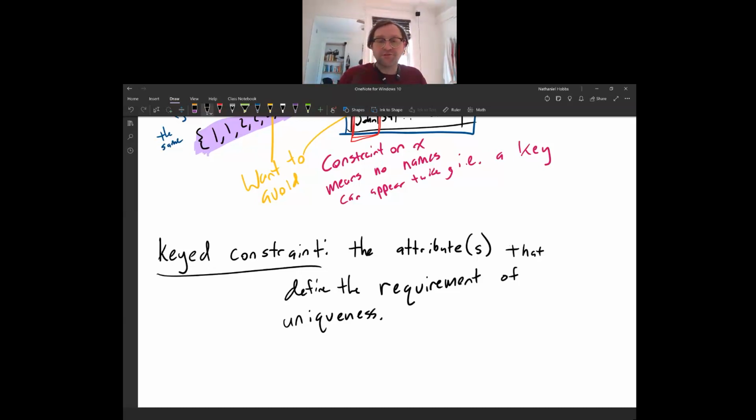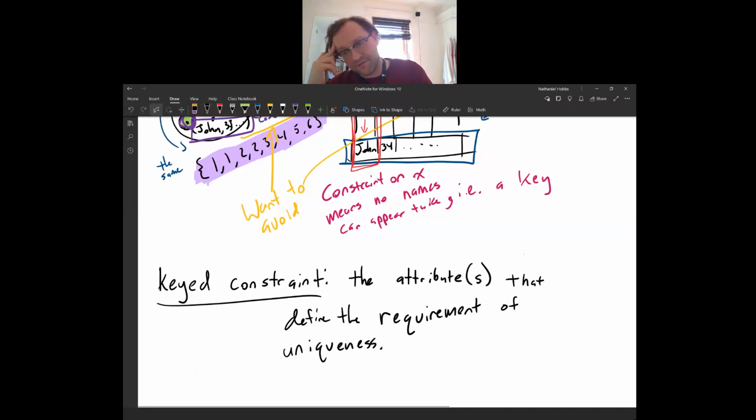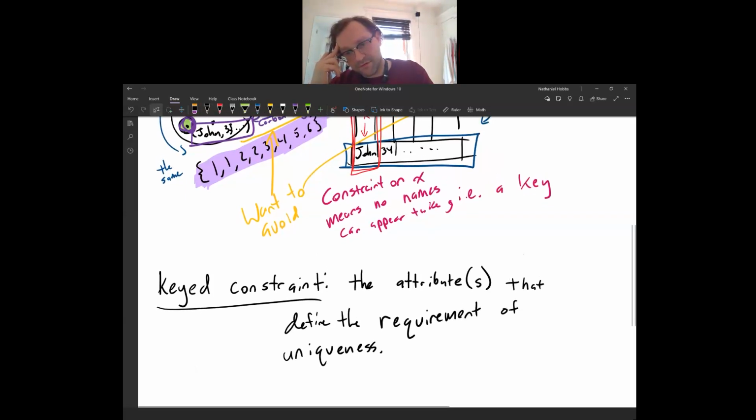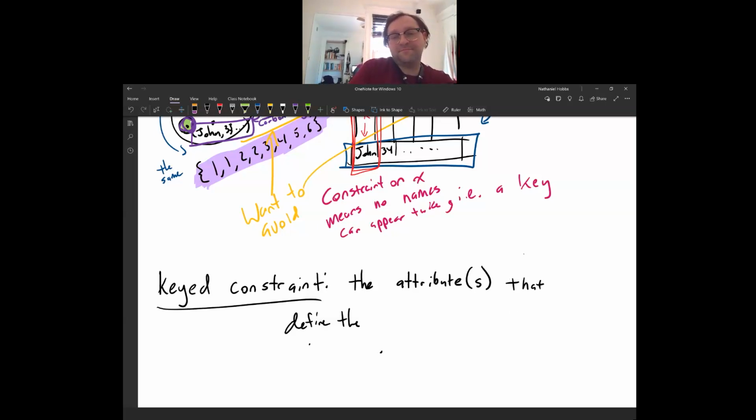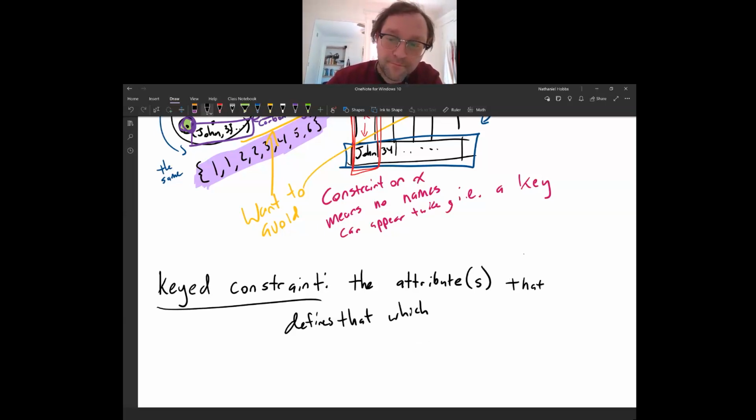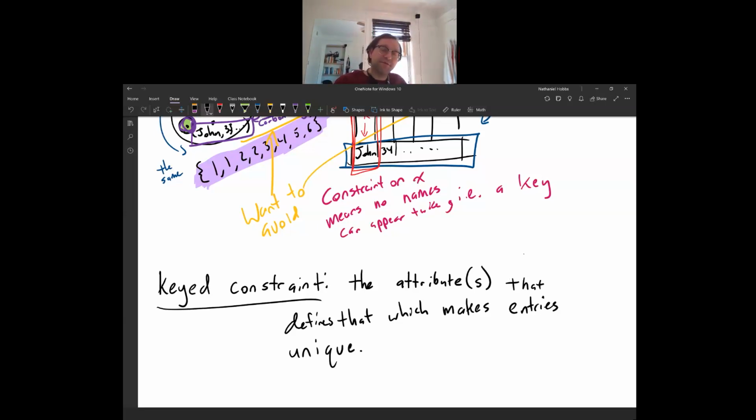Something like this: the attributes that define that which makes entities unique.